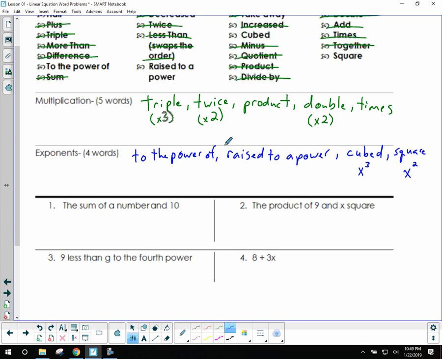So, if we have the sum of a number and 10, sum means to add. You should have had n for number plus 10. Product means to multiply. So when you see the product of 9 and x squared, you should have 9x squared.